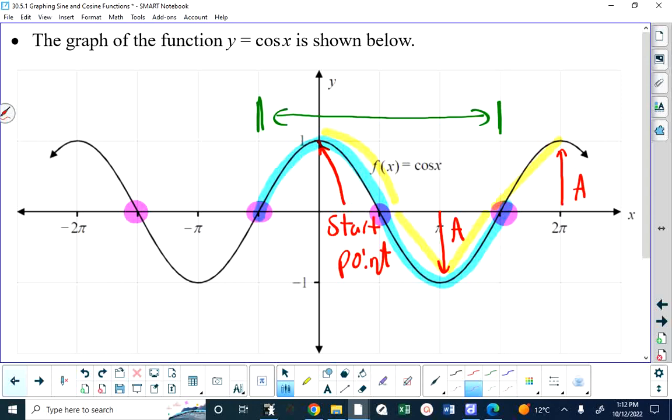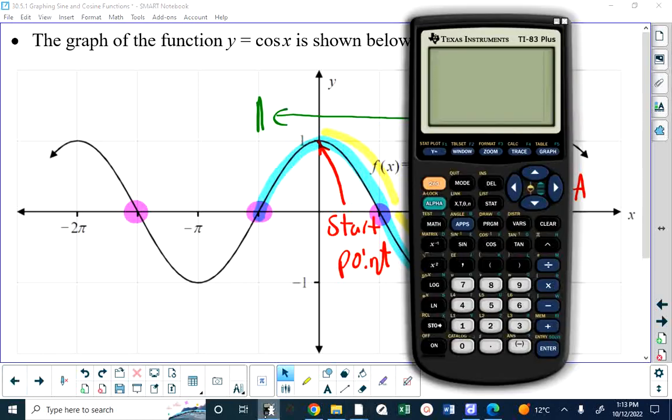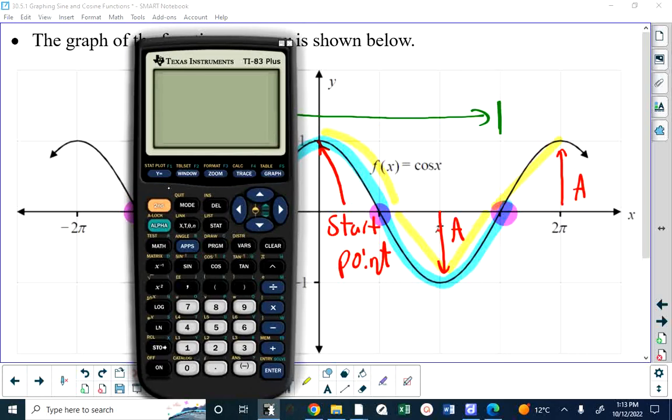These graphs would look the same if I used degrees. If I whited this out and put 180 degrees and 360 degrees, it's the same graph. Secondly, if you're ever stuck, you can always graph them on your calculator, but pay careful attention to how it's done. You go into y equals and you put, say, sine of x.